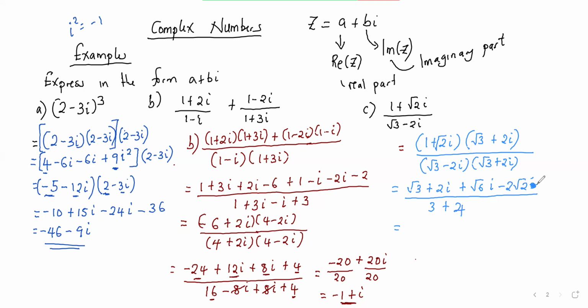So now we'll write it as root 3 minus 2 root 2, the ones without i, over 7, plus 2 plus root 6, and then the i is written outside like that, over 7. So we put it like that.